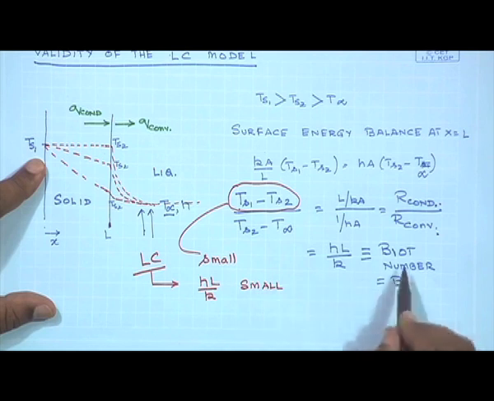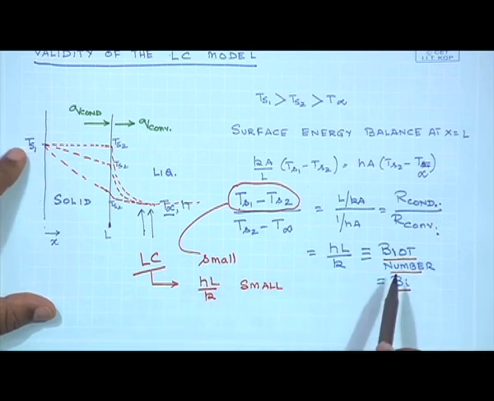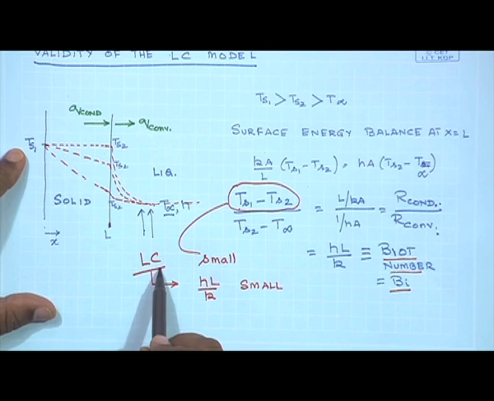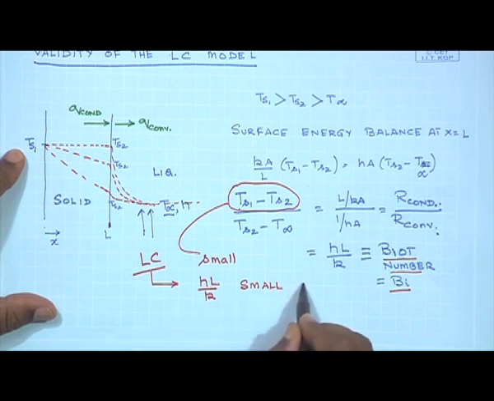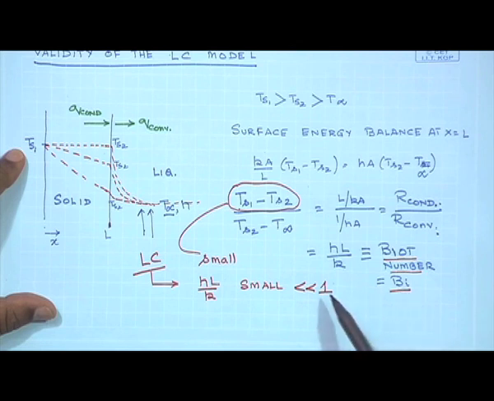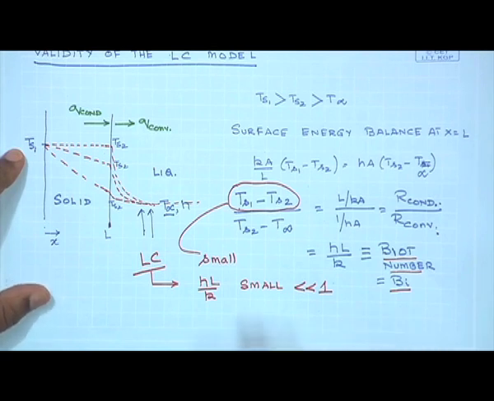So, a small value of Biot number essentially tells us that we can simplify the system using the lumped capacitance model. So, Biot number is therefore an indicator, that is, Biot number has to be quite small in comparison to 1, and the small value of Biot number is an indication of whether or not we can use the lumped capacitance model.